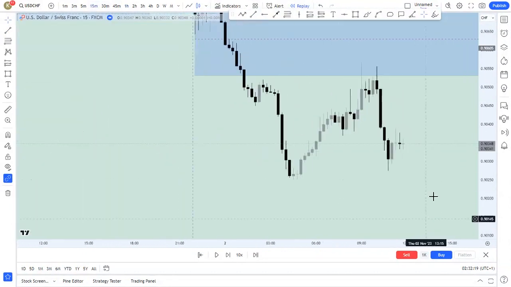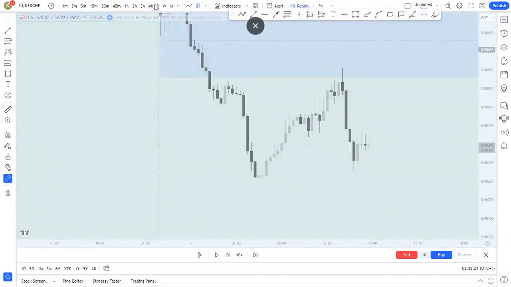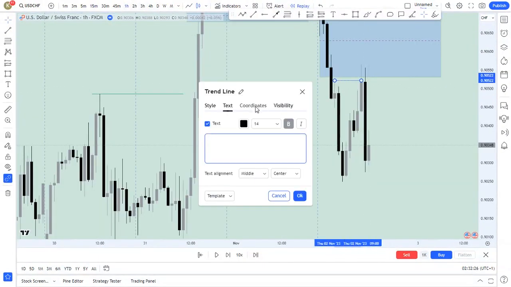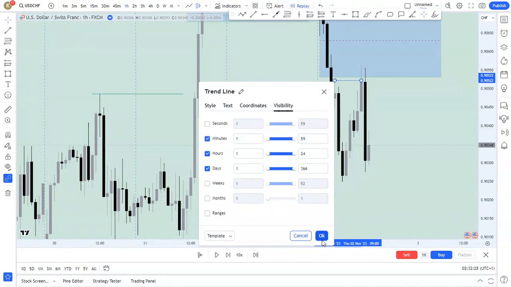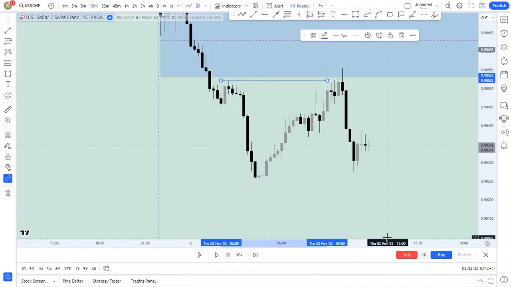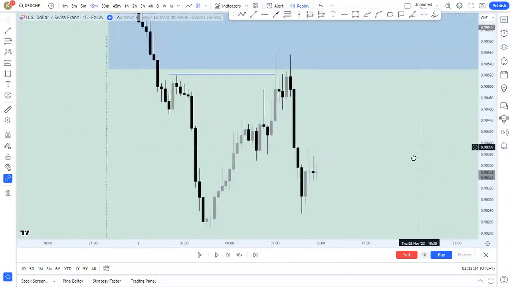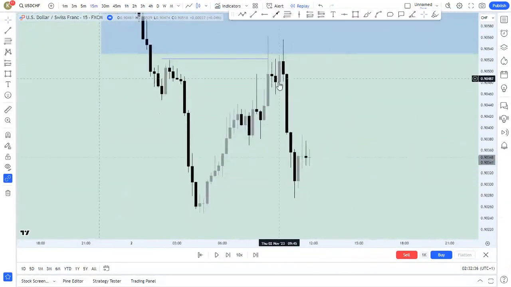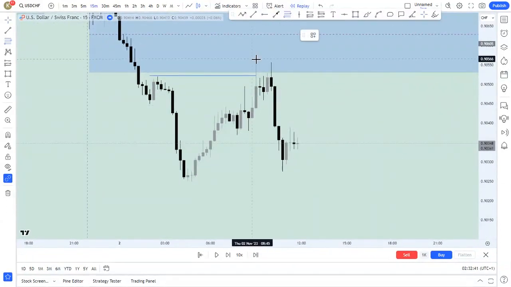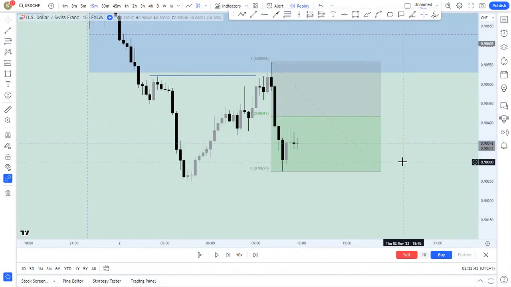So if you check the same thing on the 15, there's a sweep there. So I will just activate this for minutes, right? And then we have this. So that's sweeping. This is our BOS, and we'll draw our fib from here.